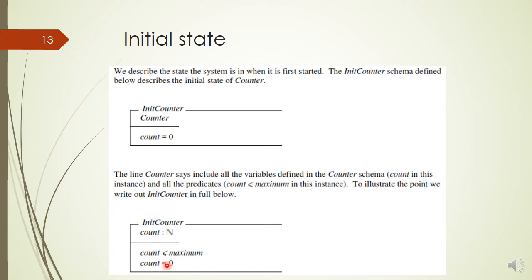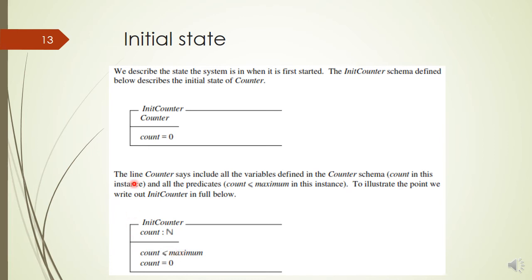Students, you have observed that we are actually rewriting the invariant predicate as well as the system state variable. Instead of rewriting all the variables and predicates, we can simply write the name of a system state schema, and the system state schema includes all the system state variables and invariant predicate.